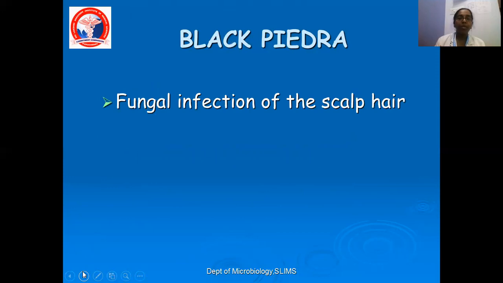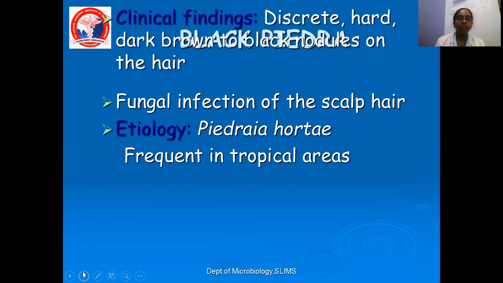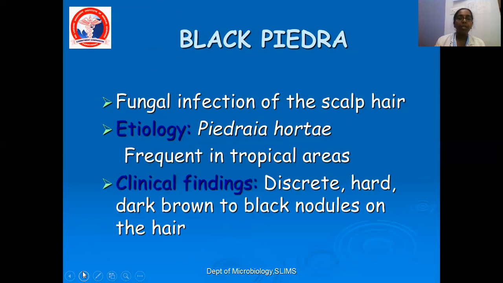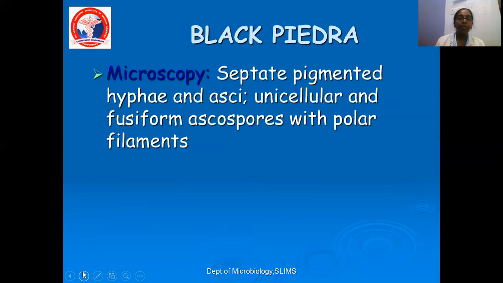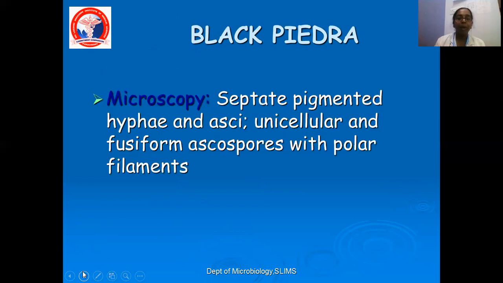So the fungal infection of the scalp hair is black piedra, which is caused by Piedraia hortae. You can see discrete brown to black nodules on the hair. In microscopy, we can see septate pigmented hyphae and unicellular, fusiform ascospores with polar filaments.